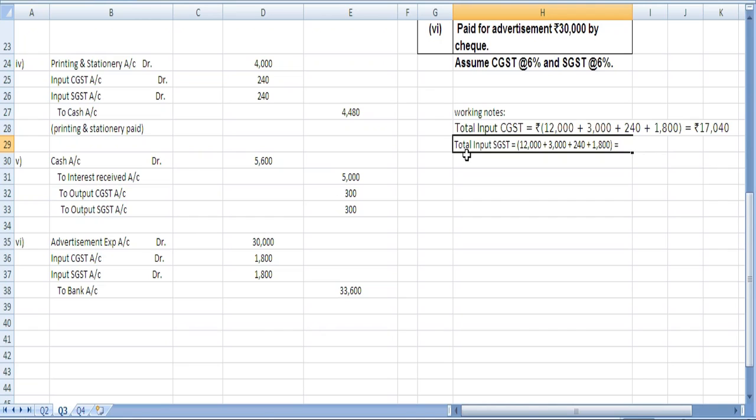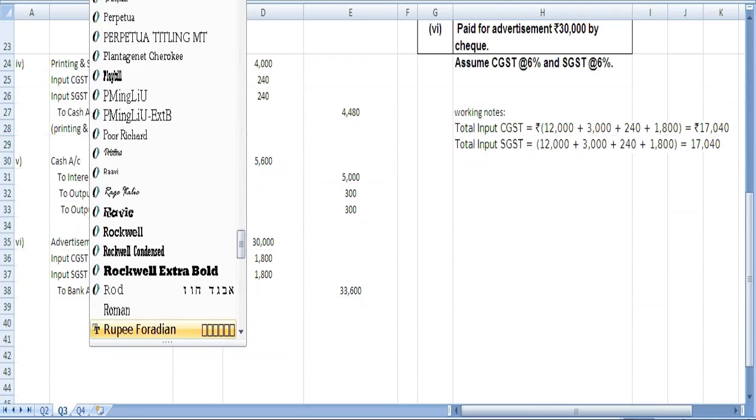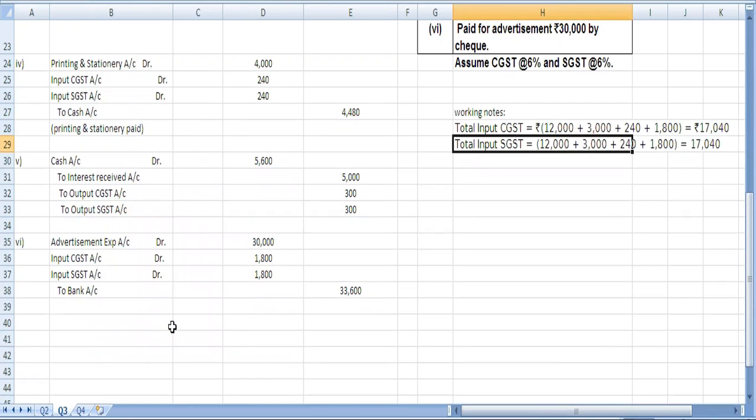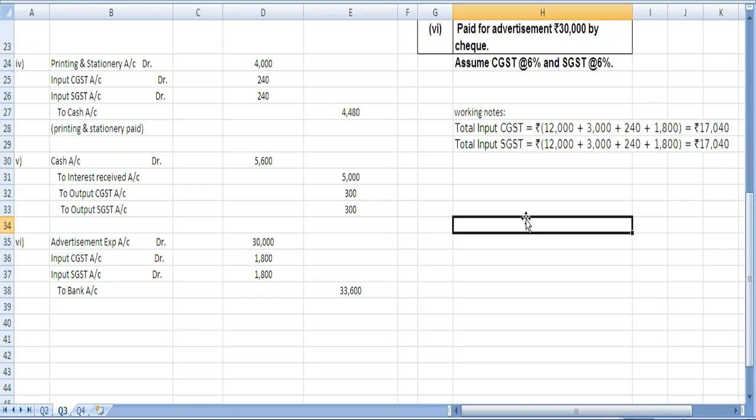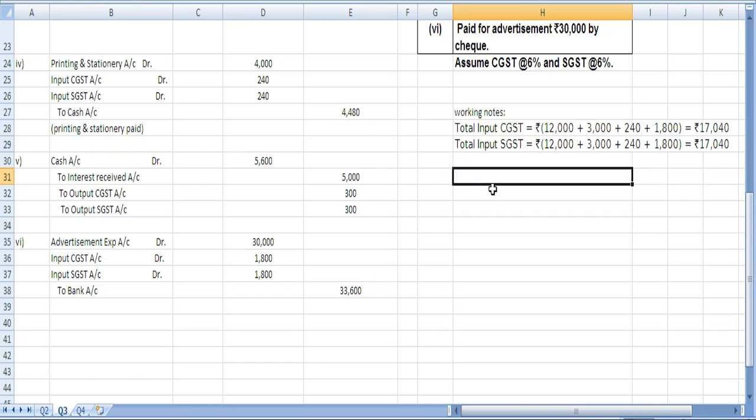So this will also come as 17,040. Okay, so here also let us put the rupee font. We have rupees here and here we will write down rupees.